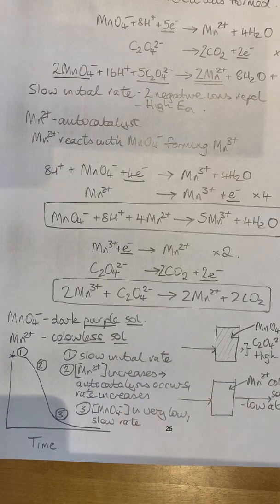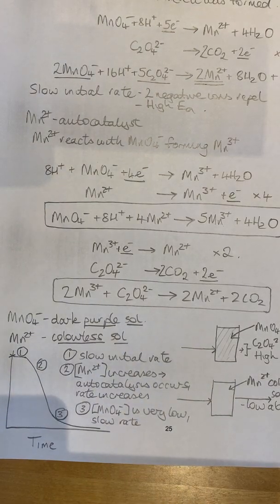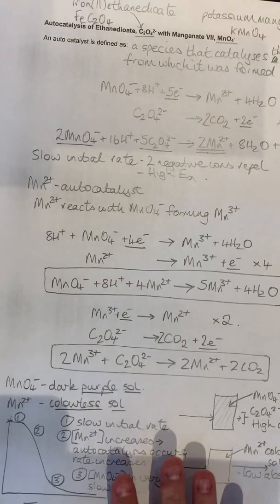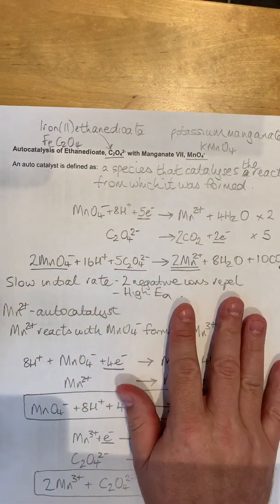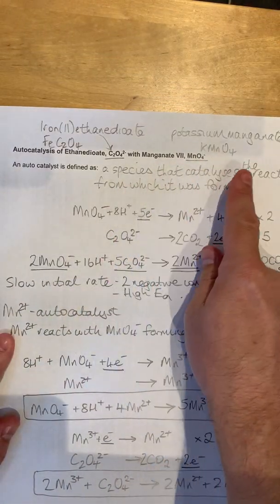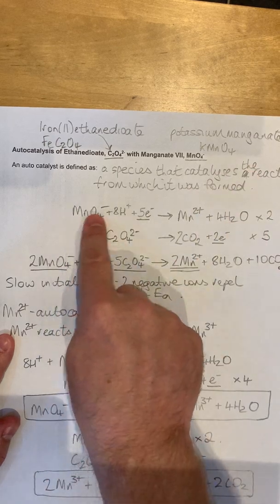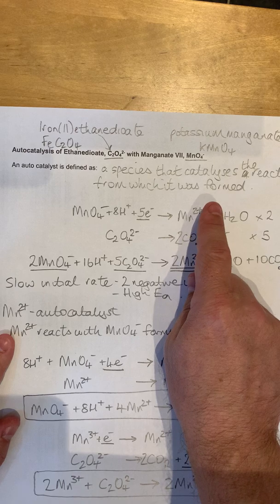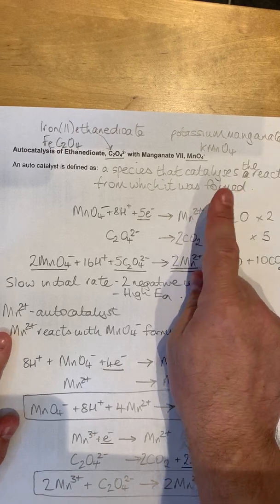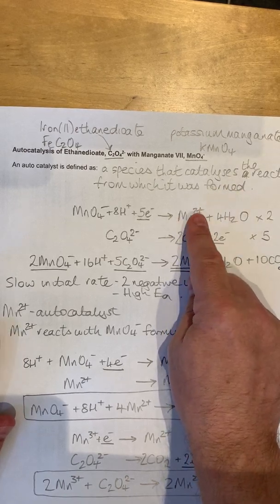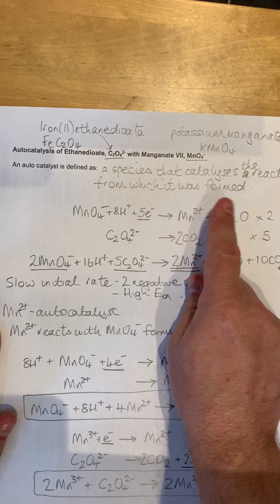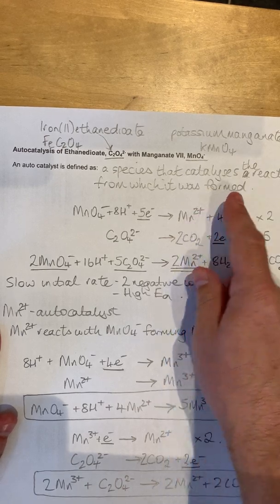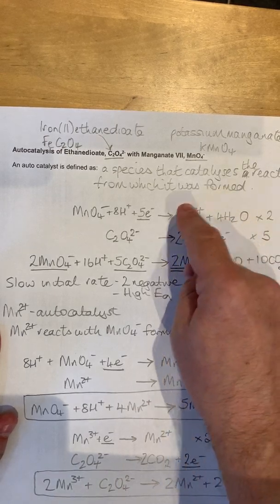So you do need to know that, and you do need to be able to regurgitate it. You need to make sure that you have learned what an autocatalyst is, but also what each of the two reactants turn into, but then what happens to Mn2+ and how it autocatalyzes, if that's a word, or the way to pronounce it anyway. So that turns into Mn2+.